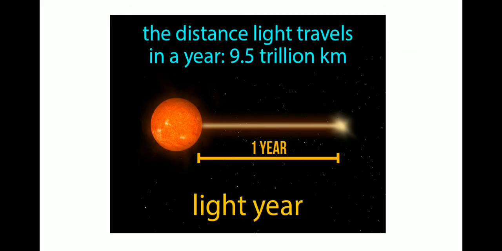The next one: the distance the light travels in 1 year is known as light year. So the distance which is traveled by light in 1 year will be equal to 9.5 trillion kilometer, or 9.46 into 10 to the power 15 meters.